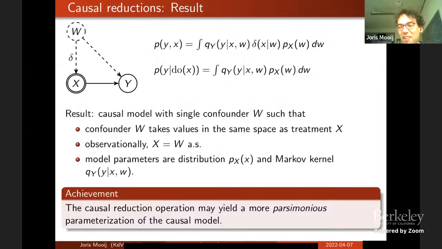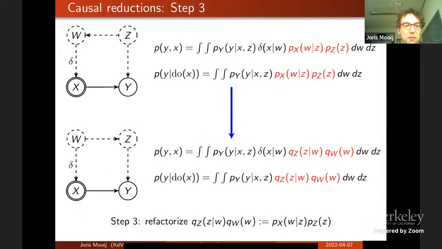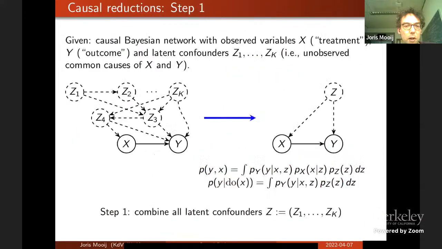So basically, W just represents the value that X would have had observationally. You can think about it like that. And to be able to represent the confounding, that has to interact also with Y. So Y must depend on W. There was this latent confounder in our original model.